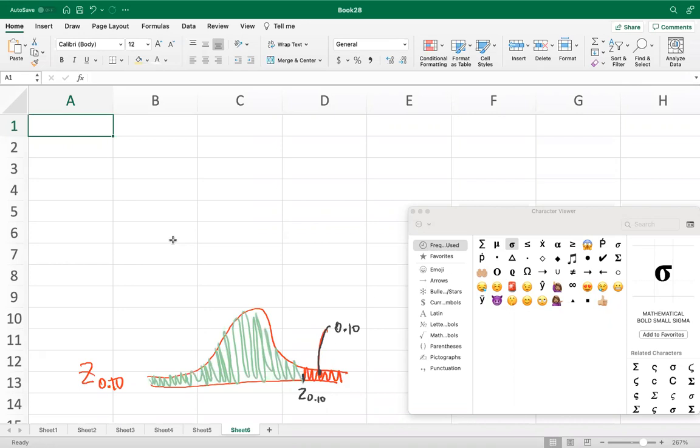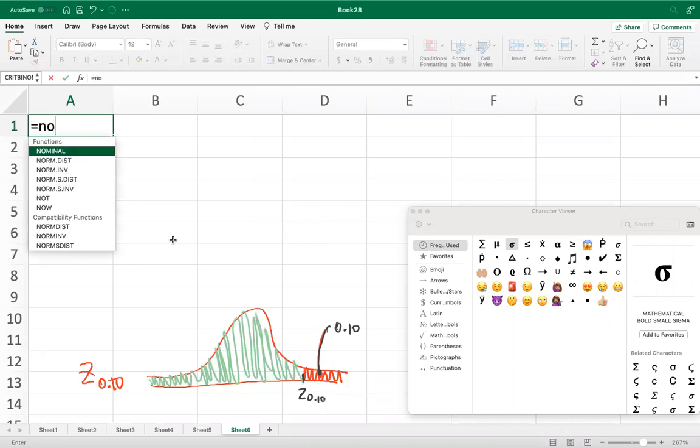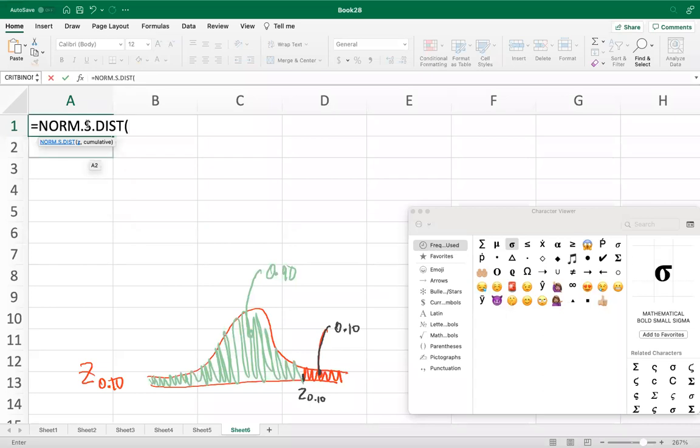And what we would type in is equal to normal distribution. So normal distribution or normal inverse? Do we need an area or do we have an area? We have this area over here, and the area complementing 0.10 would be 0.90. There we go. And there we would have 100%. So here we have an area, so we're going to use normal inverse.